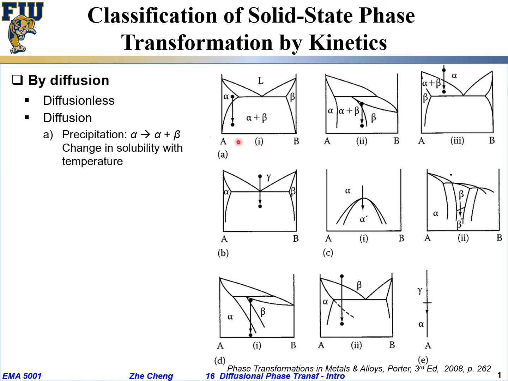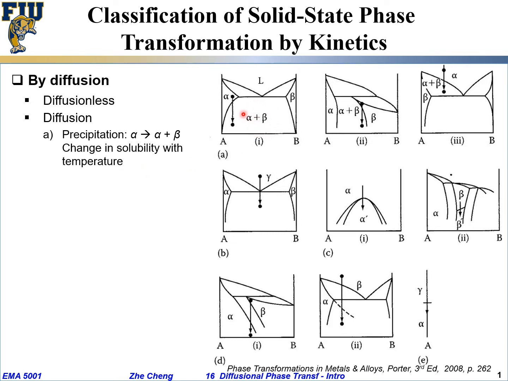And the first line is for precipitation, which means going from one solid phase alpha to two solid phases of alpha plus beta. And in this process, there's often an accompanying change in solubility.